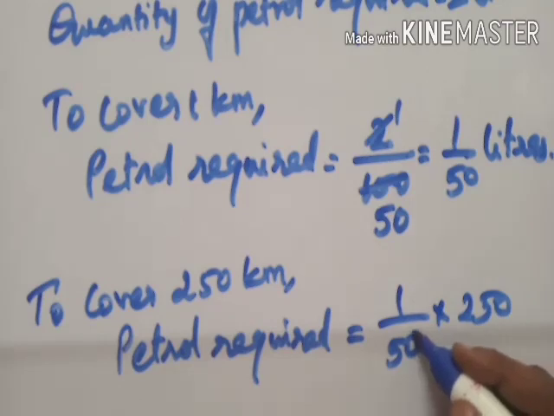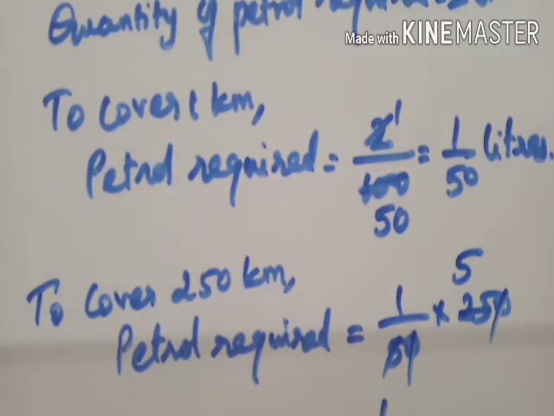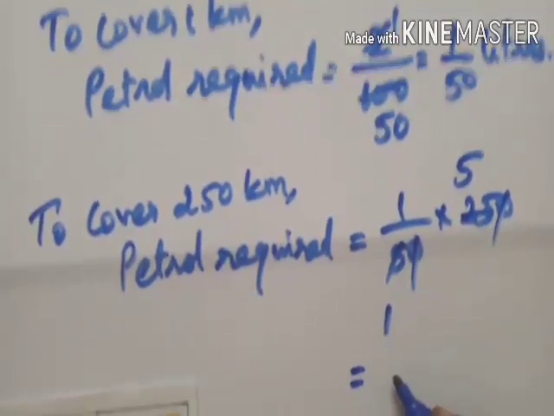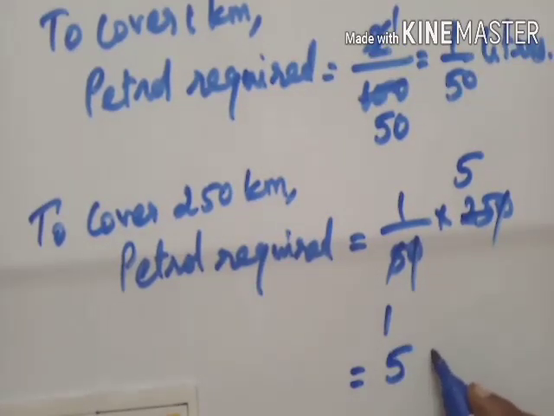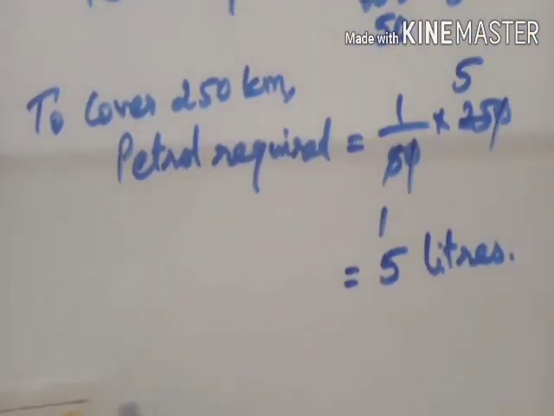That is, cancel the zeros. 1 5 is 5, 5 5s are 25. So, 1 into 5 is 5. So how many liters required to cover 250 kilometers? 5 liters. That is, at last take and write the answer.